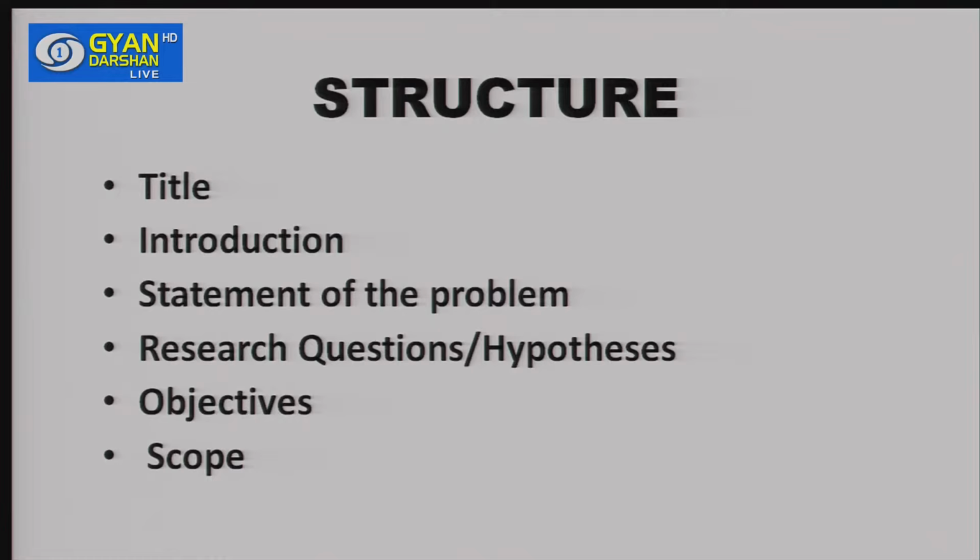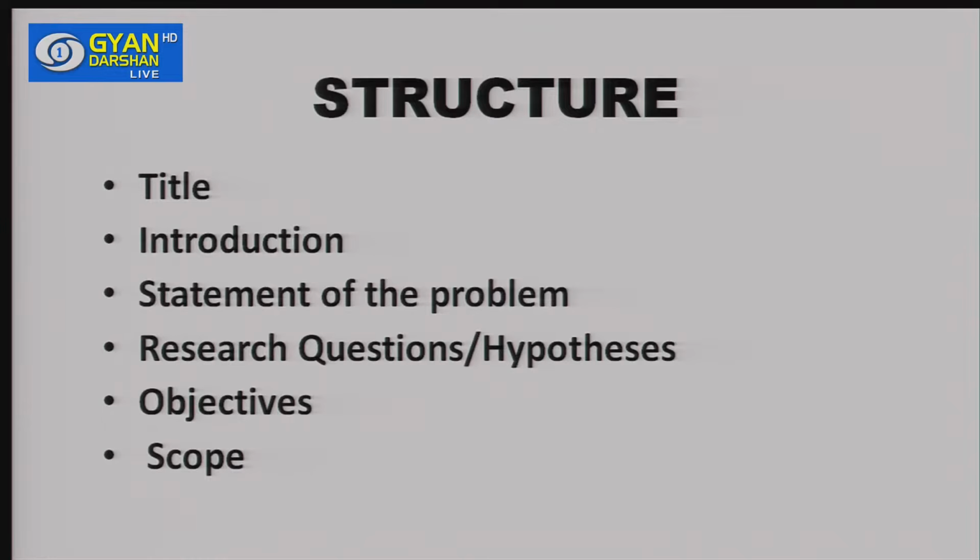You give an introduction. You give a statement of the problem. You write down the research questions that are in your mind. What are these research questions? The questions that you have in your mind to which you want to find answers while doing your project or your research. You may have one or two hypotheses, which is not always there, but in case it is there, you may also have hypotheses.